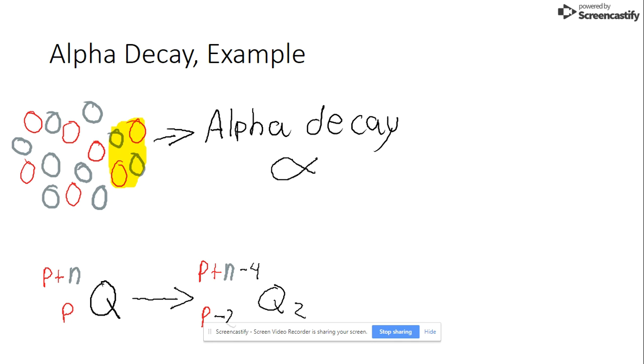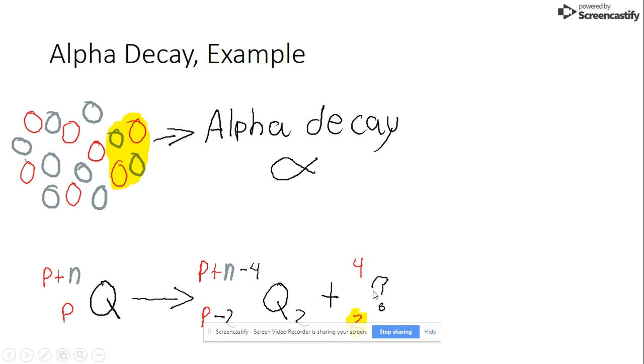For this problem, we lose two protons, as you can see from the drawing, and we lose two neutrons and two protons, which add up to -4. So then element Q2 is created. So we put 4 up here because it's -4, and then 2 down here because it's -2.